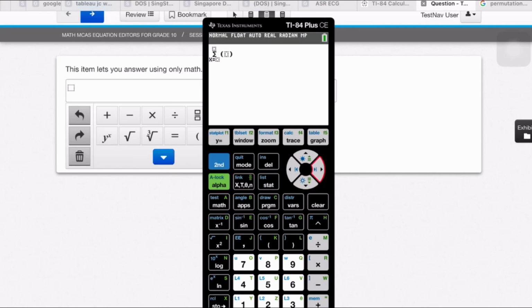This variable goes from 1 to 10, 10 terms. Then over here, a fraction, negative 1 to the power of the variable, over the term. Then enter, and you get the answer already.